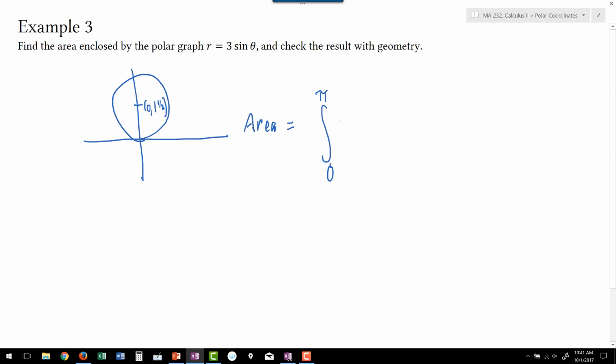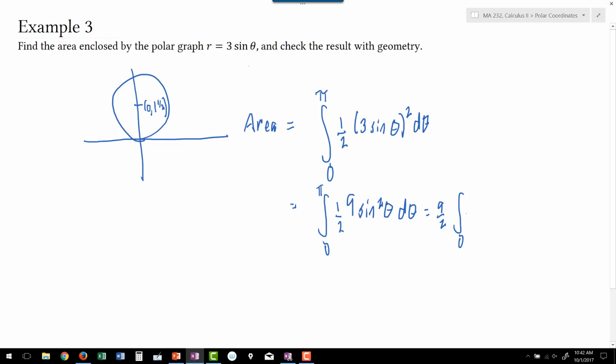I'm going 0 to pi, 1/2, 3 sine theta, all squared, d theta. So that's 9/2, 0 to pi, and now I need to integrate sine squared theta d theta.